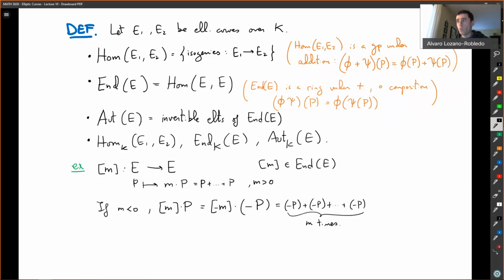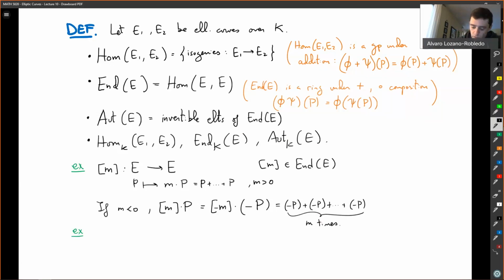Let me give you an endomorphism that is not a multiplication by m map. There's a whole theory of isogenies and endomorphisms, and in particular, the endomorphisms other than multiplication by m are very important here.